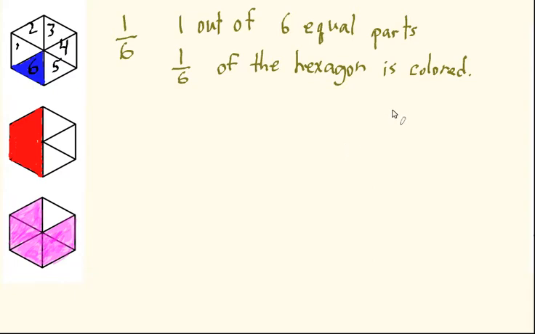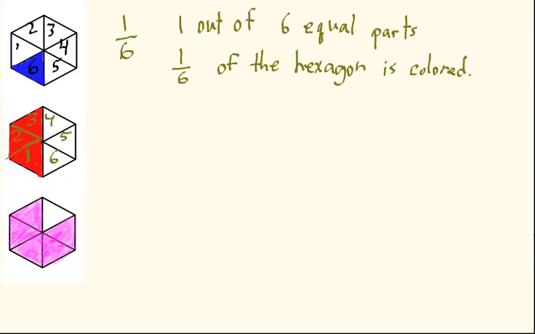Okay. How about here? What portion of the hexagon is covered here? Well, here we have, again, you can imagine kind of an imaginary line right here, and a line right about here. Okay, and if we imagine those lines, you now have, again, 6 parts. I'm going to write them, forgive me, this is a 1, 2, 3, 4, 5, 6 parts.